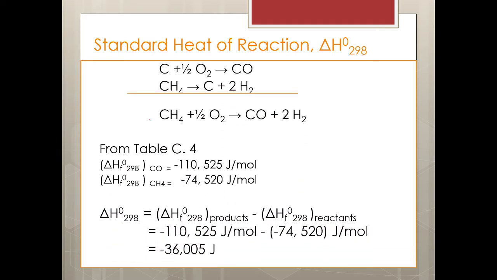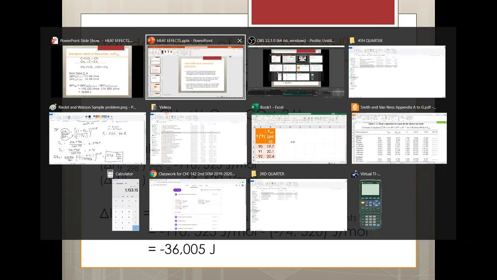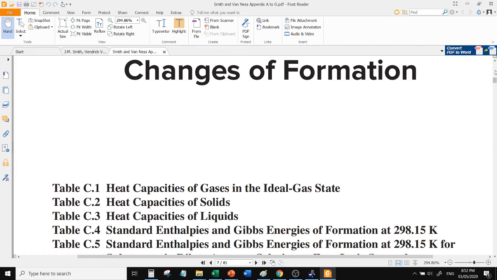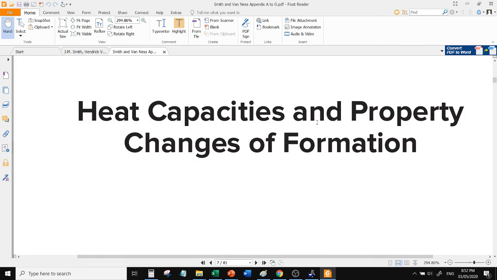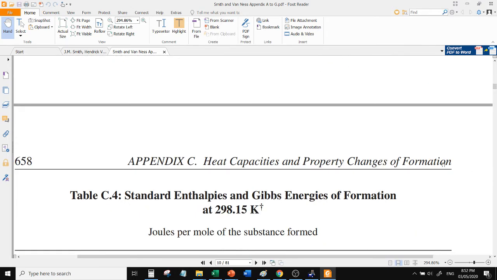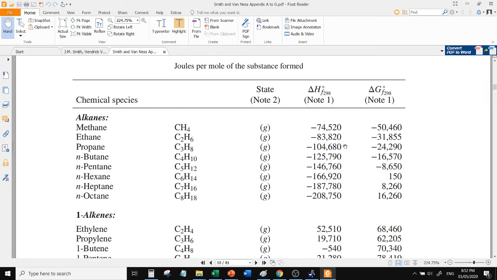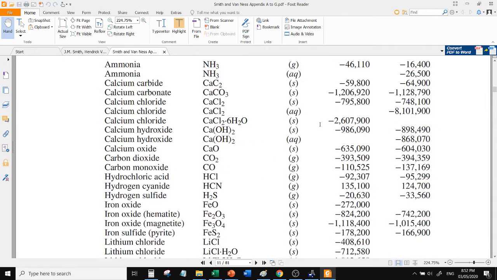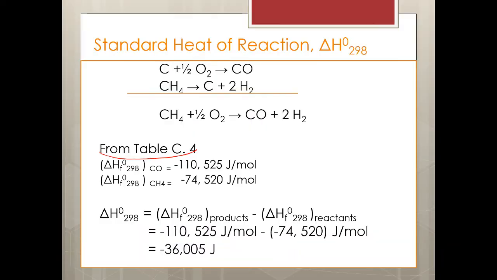Tapos, from the table ng standard, puntahan natin kay Van Ness. Ito, heat of formation. Carbon monoxide.